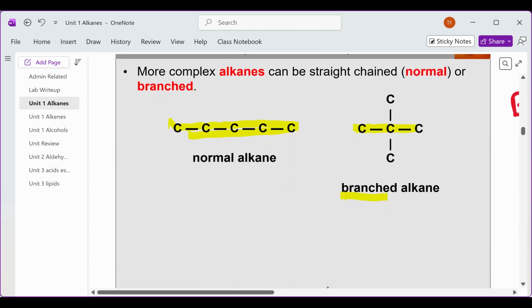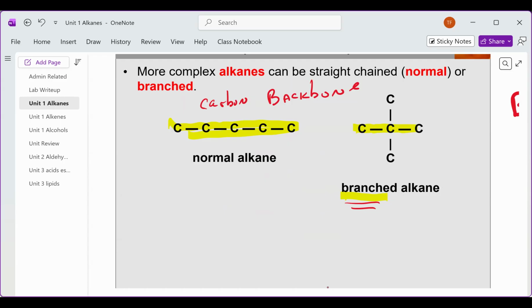Now there's something called branching. What branching is has to do with something called a carbon backbone. Now, I always do it in yellow. So the first step in naming an organic compound is, what's the backbone?